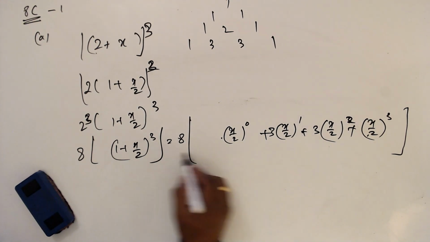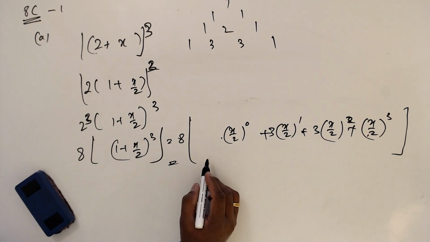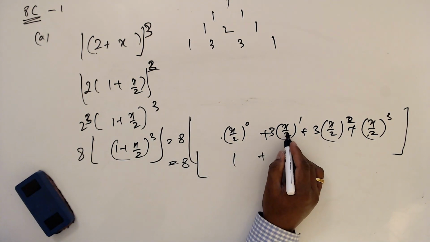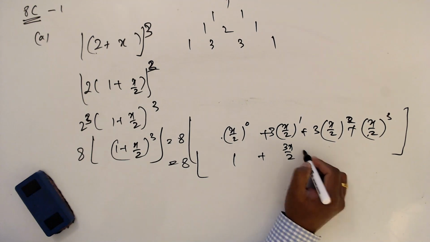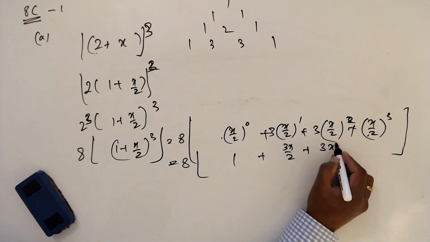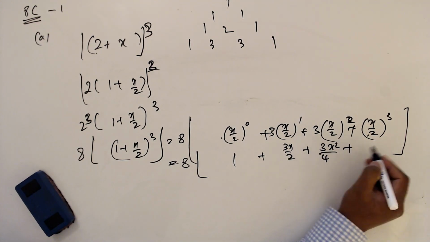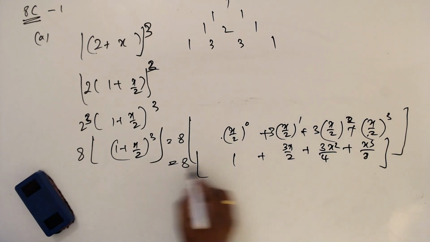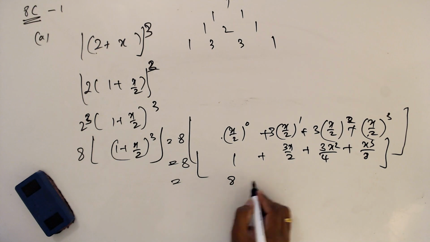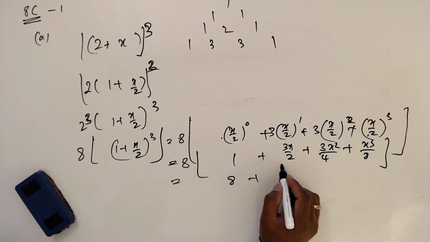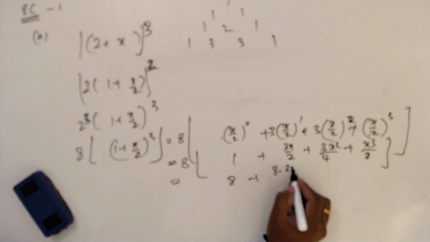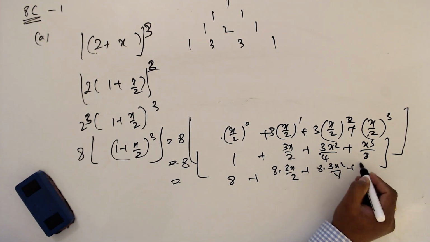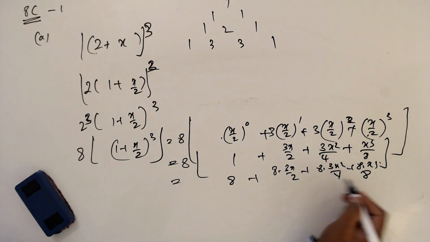And then finally when you get the answer, 8, okay, I will work out 1 plus 3x over 2 plus 3x squared over 4 plus x cubed over 8, and then multiply by 8. 8 plus 8 times 3x over 2 plus 8 times 3x squared over 4 plus 8 times x cubed over 8, and simplify.